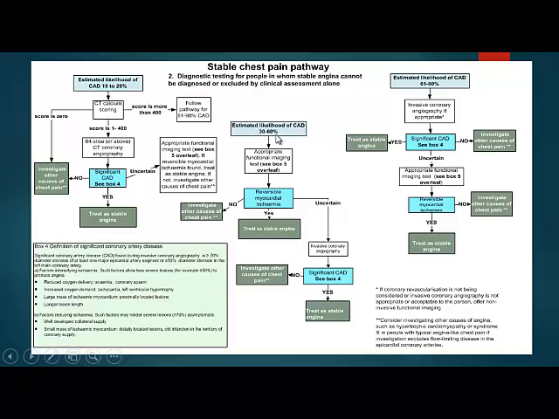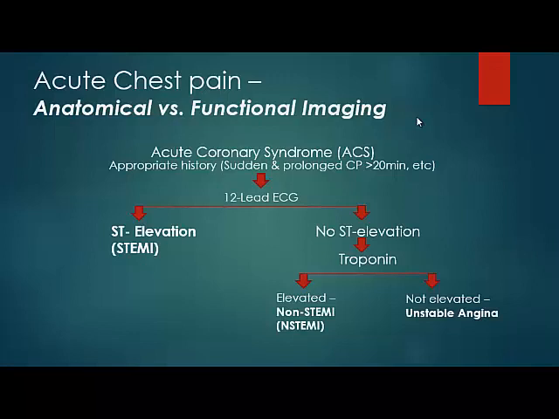If it is between 30 to 60%, you do a stress imaging test of whatever is available in your institution. And if you have between 61 to 99% pretest likelihood, then you do invasive angiography, if appropriate, meaning if patient symptoms also relate to typical angina. So that's about the stable chest pain.